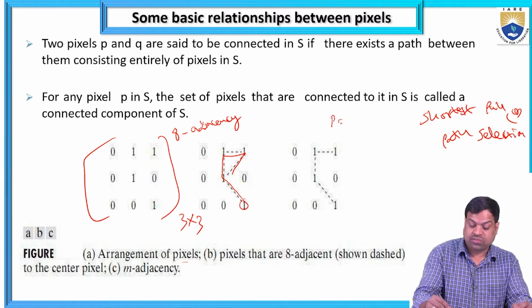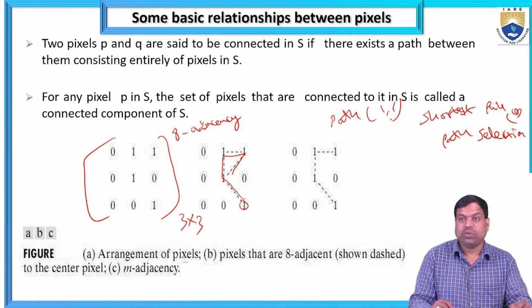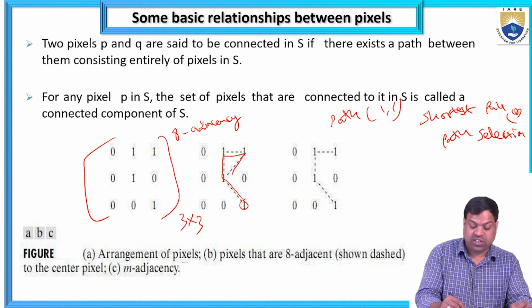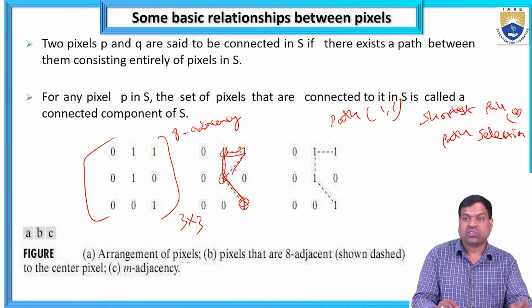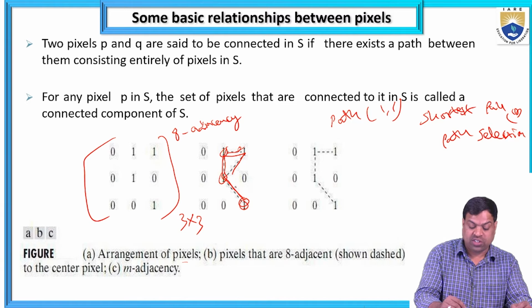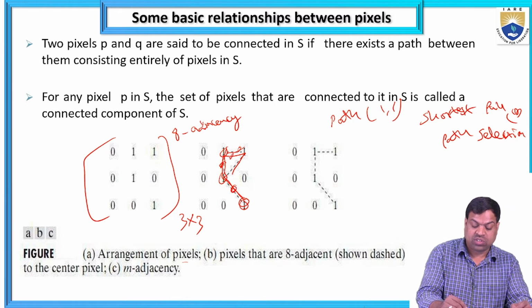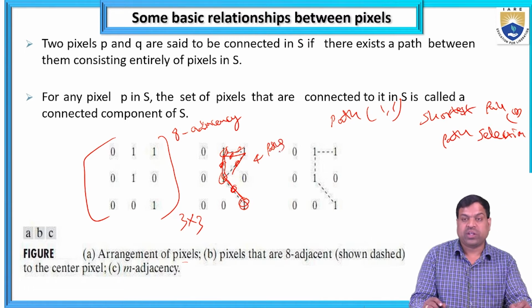Suppose the path is from 1 to 1. Path from 1 to 1 means, what are the ones here? 1 to 1, 1 to 1, 1 to 1 and 1 to 1. So these are the paths. How many paths are there? Here 1, 2, 3, 4. 4 paths are there.